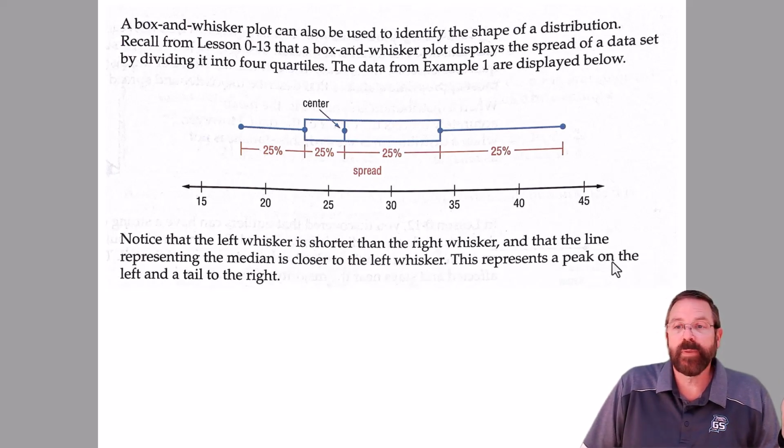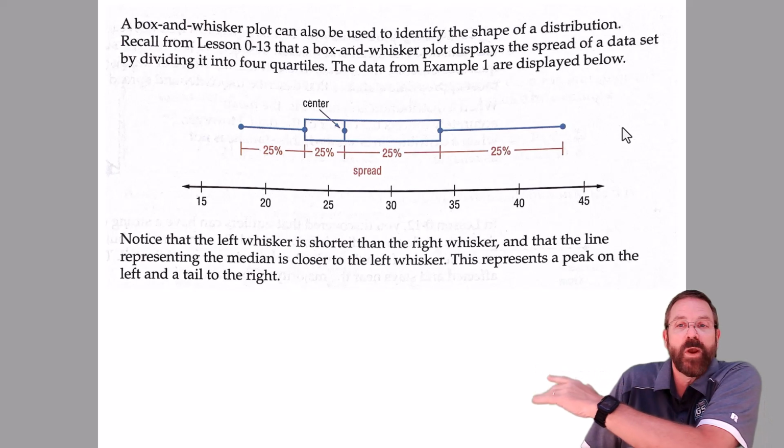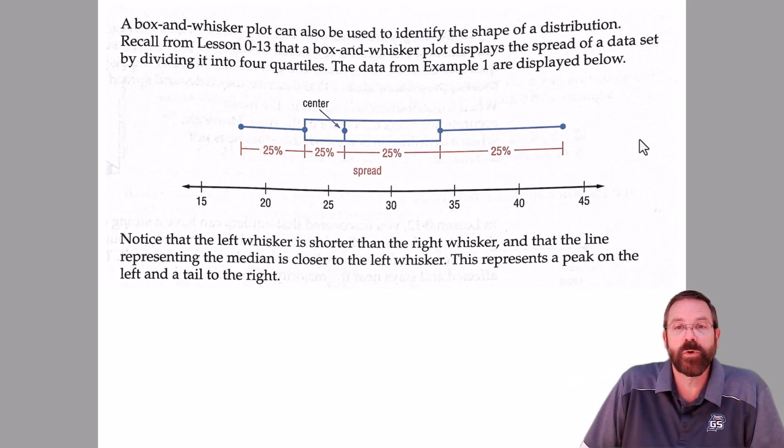That represents the peak is on the left and the tail is going to be to the right. So the majority of the data is going to be over here on the smaller left-hand side, but you're going to have that tail, that little bit of lingering small amount of data that goes way out here on the right-hand side as well.